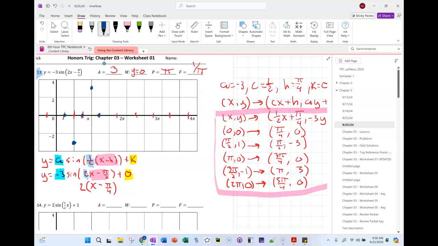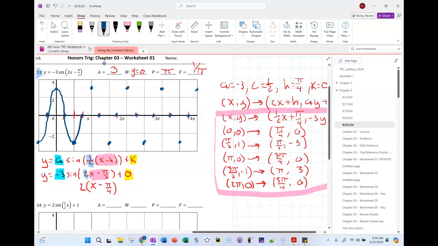But I'm going to fill the space available to me now, so I'm just going to continue my pattern. Is everybody okay with me just continuing the pattern? And now I'm going to connect my points.